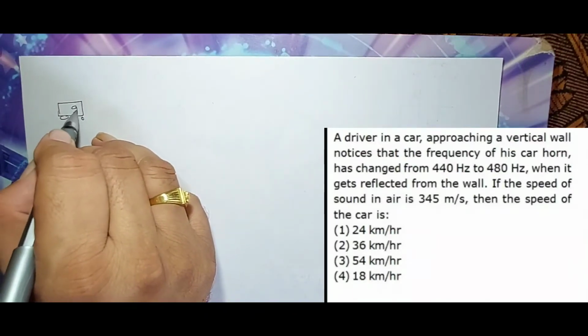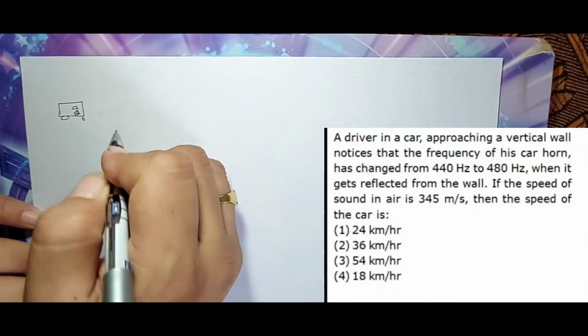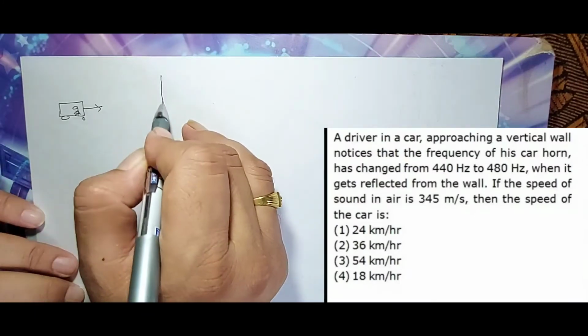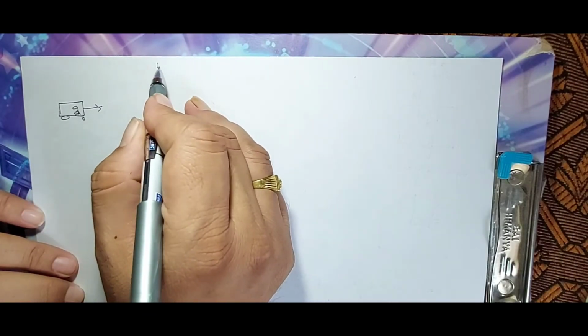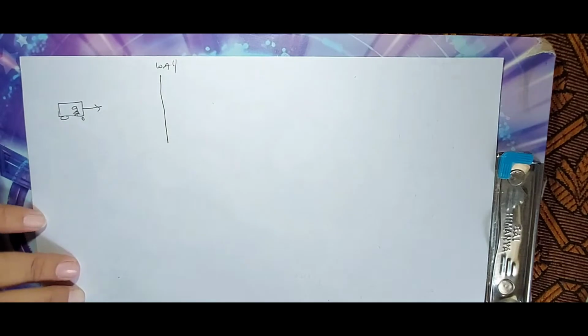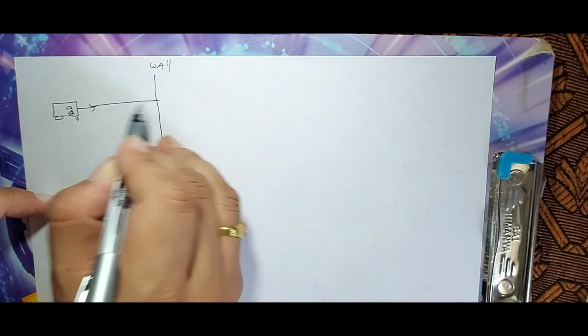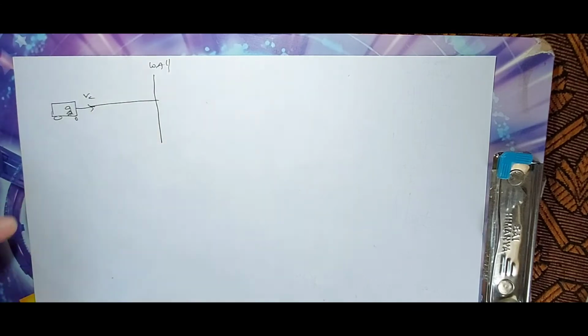So, here a driver in this car is approaching a vertical wall. This is the wall. It is approaching with a velocity Vc.